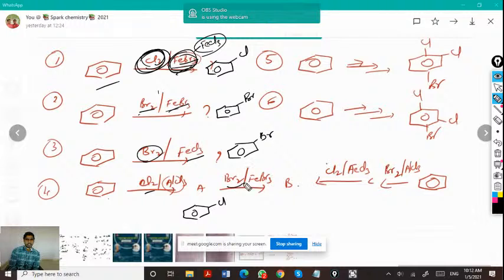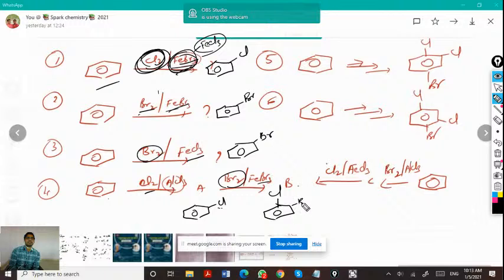Next, if it is bromination, it's going to give bromine substitution. But chlorine is a weakly ortho para directing group, which is deactivating type. So it's going to direct into the ortho and para positions when it is a bromine and chlorine combination.